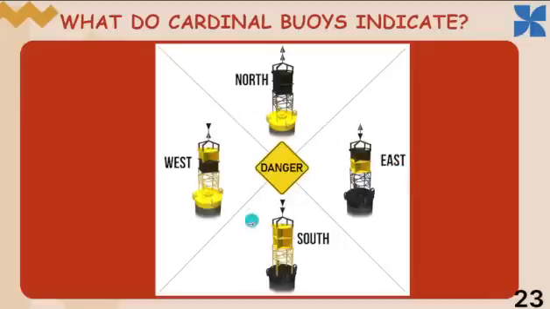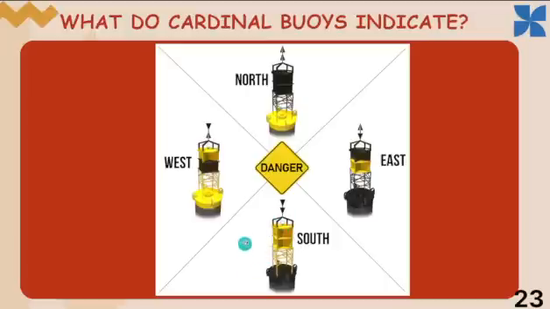Next, the south. South buoy has two black cones, both pointing downwards, a yellow band with black top and bottom.